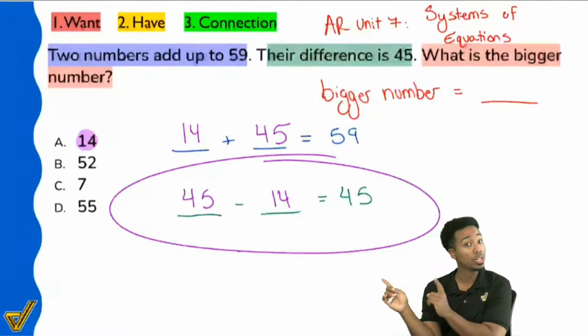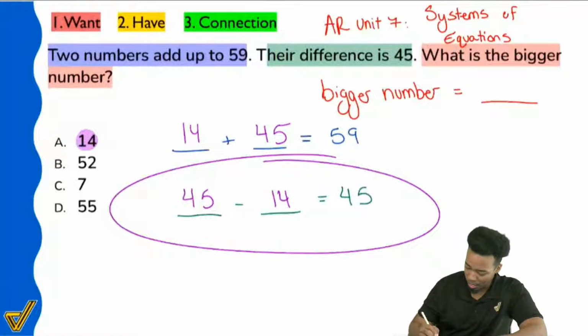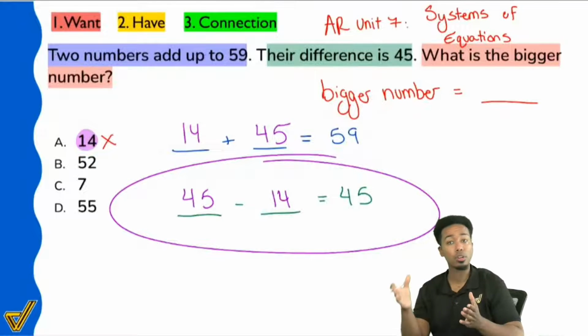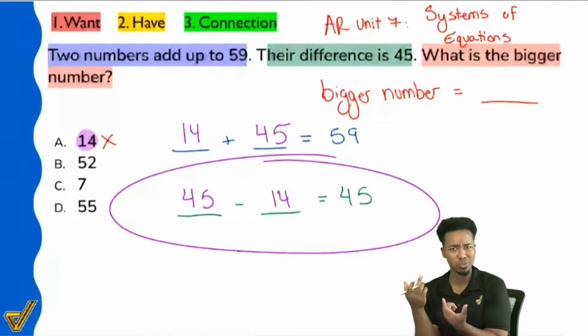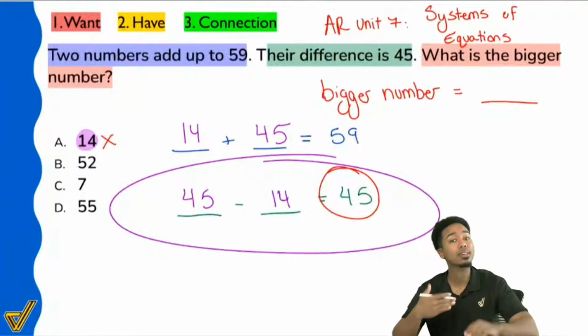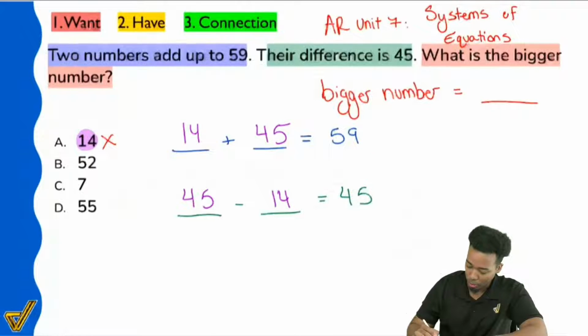Notice how this will get us the answer eventually, but it might take some time. So this will not work because the other number would have to be 45 to add up to 59, but if you subtract 45 and 14, you cannot get 45. Not going to work, so that's not going to be the answer. We can move forward and try out the next number.